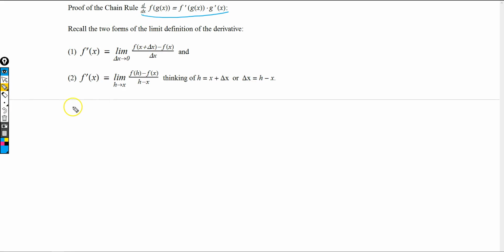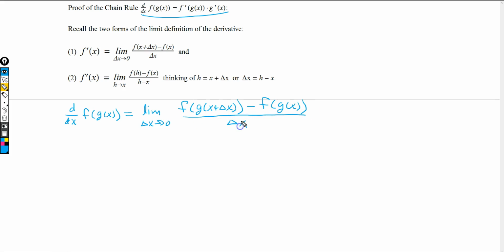So we start out with d dx of f of g of x, and we are going to go back to our first limit definition here. So that's just our limit definition. In place of the f here we have f of g. And now we're going to do one of those little math tricks again.